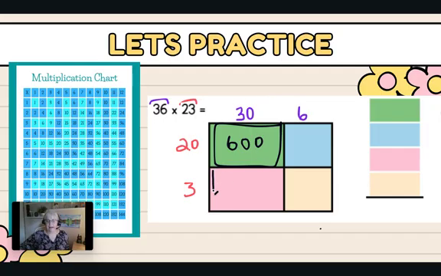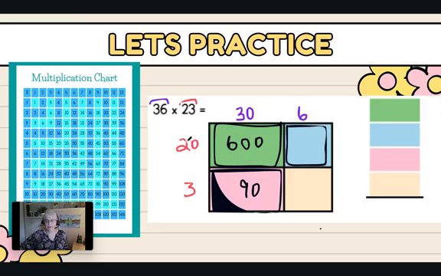For this box below here, I see I am under the 30 and I'm next to the 3. So I'm going to multiply 30 times 3. 3 times 3 is 9, and I have a 0. For this box, I can see I'm underneath the number 6, and I am across from 20.